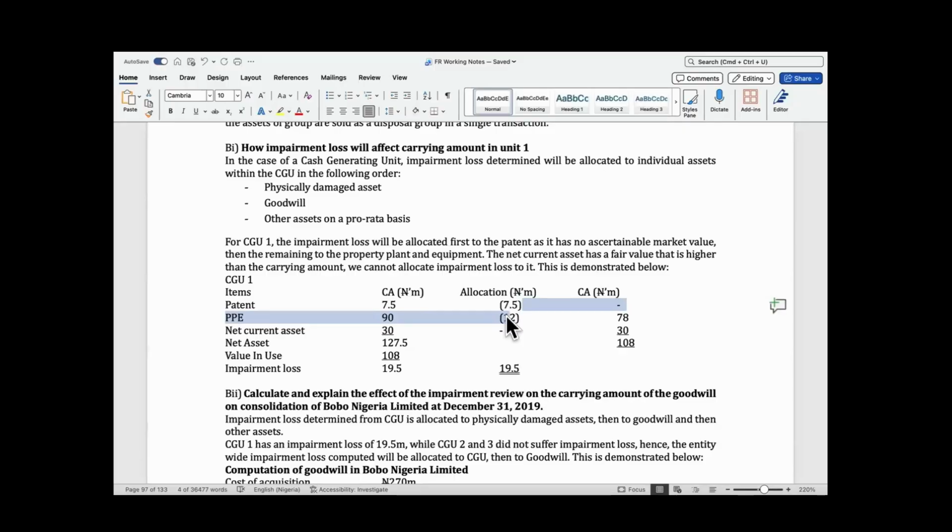So you see that I didn't touch net current asset at all. When I take away the impairment loss from the carrying amount, I got these new values for CGU1.